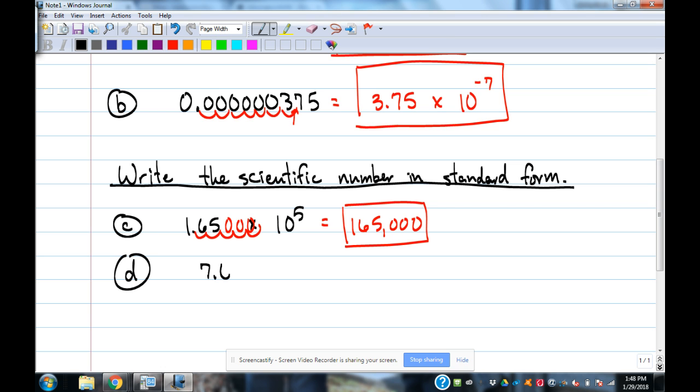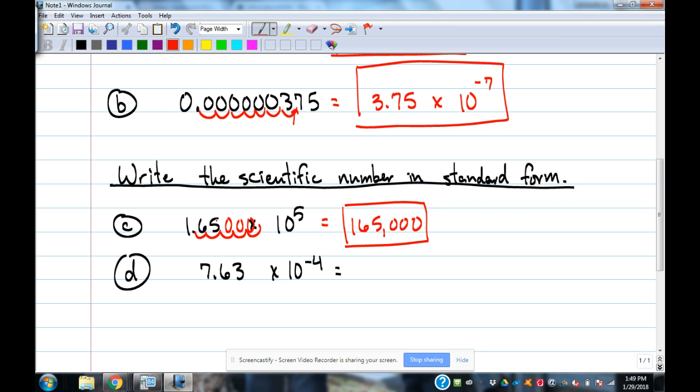If it's 7.63 times 10 to the -4. So it's a negative exponent, so that means it's going to be what kind of number? Not a negative number, but a little number, okay?